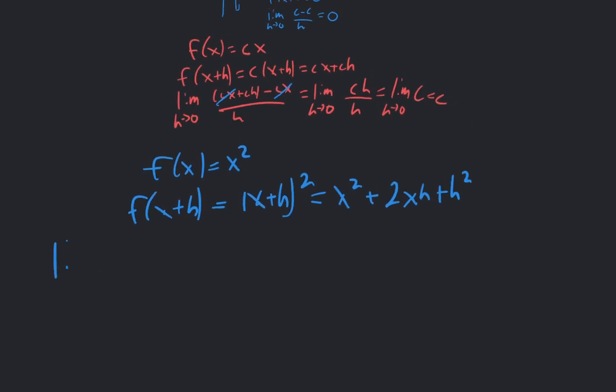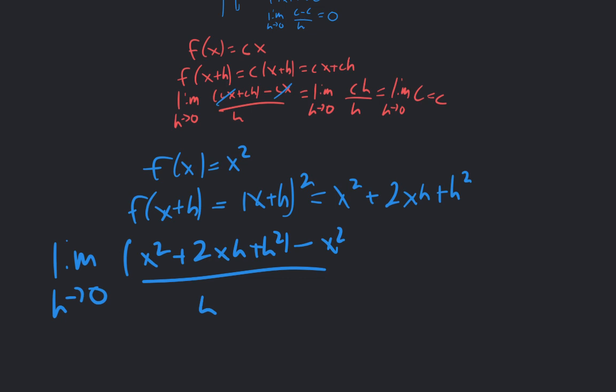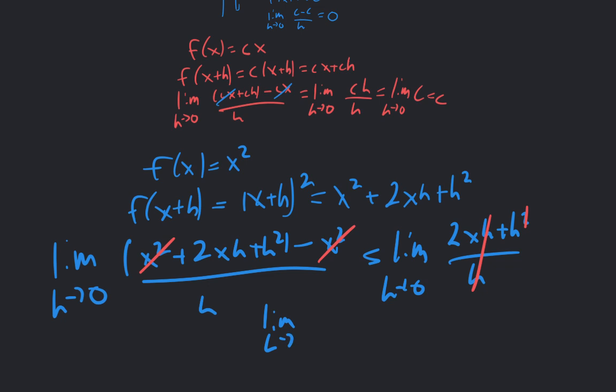So when we take the limit as h approaches 0 of this, x squared plus 2xh plus h squared minus x squared all over h, we can cross those out, and we're left with the limit as h approaches 0 of 2xh plus h squared divided by h, and we can divide that h out, and we're left with the limit as h approaches 0 of 2x plus h.